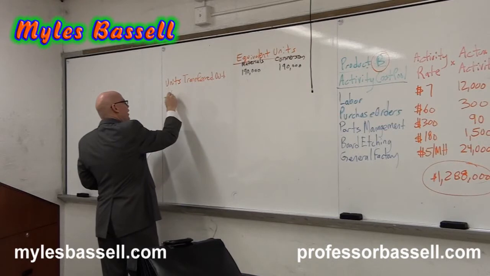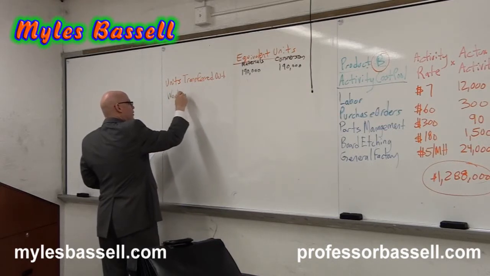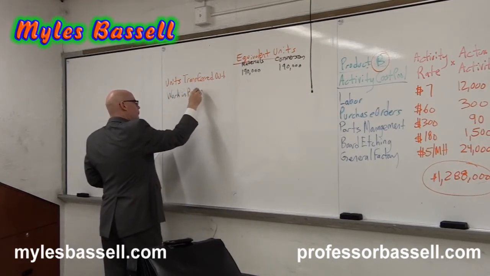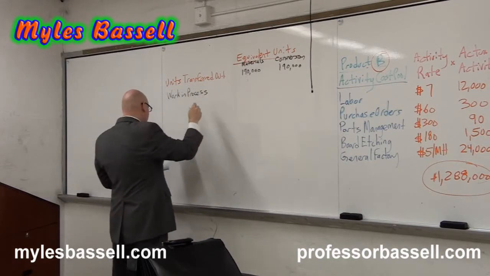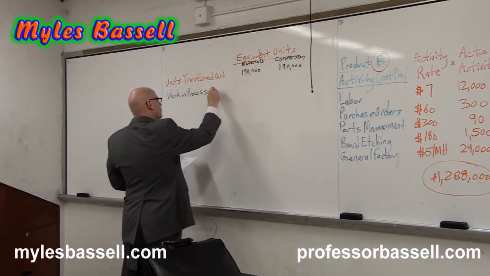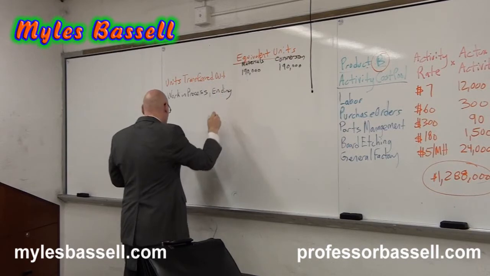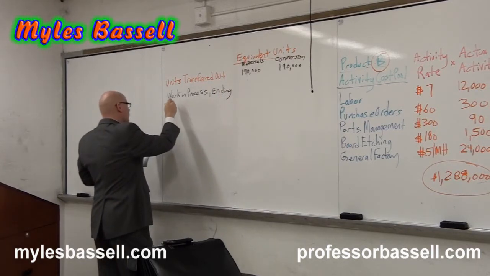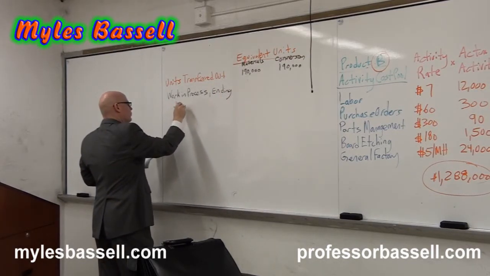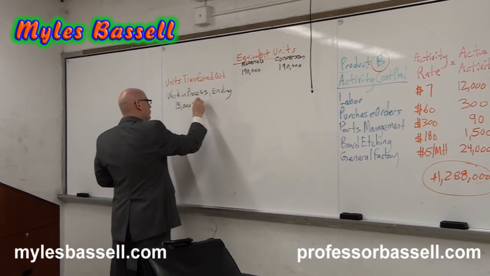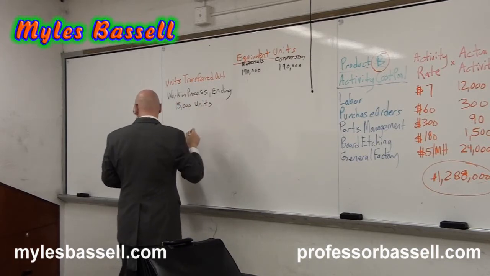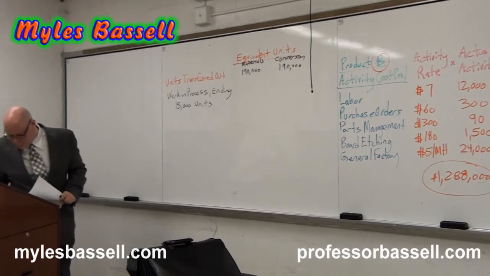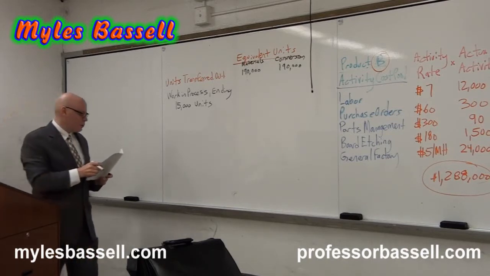Now they give us some information about the work in process. So ending work in process as of October 31st is 15,000 units.